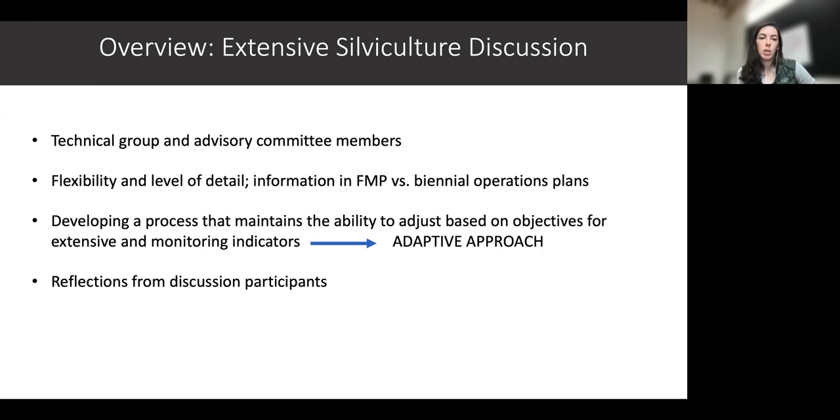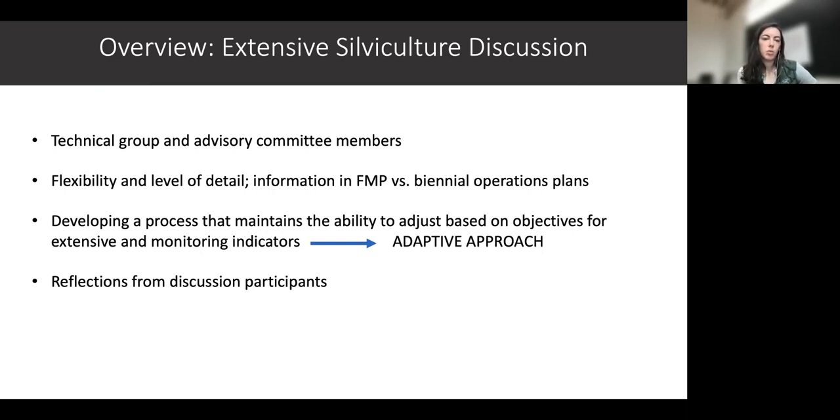Coming out of that meeting, there was a conversation organized with the extensive technical group and several members of the advisory committee, some of whom are here and part of the FMP working group. That first discussion, which was last week, really talked about flexibility, level of detail, and trade-offs and approaches for information that would be in the forest management plan and subject to the review and approvals that are outlined in the legislation, versus biennial operations plans and what the legislation anticipates would be in those types of documents.